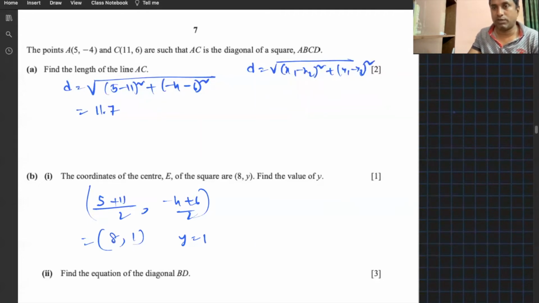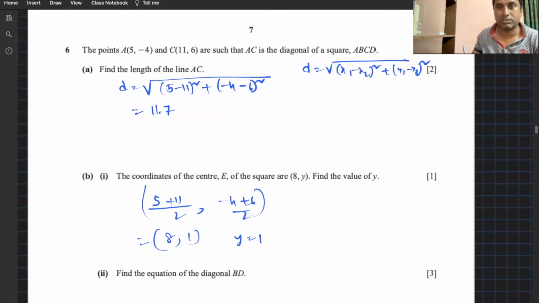Now if I use these values, 11, 6, difficult to draw. Okay, let me draw an imaginary graph.